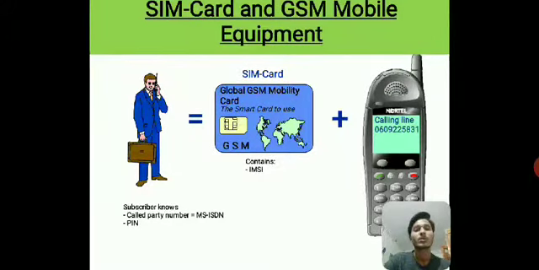The subscriber knows the called party number, MSISDN, PIN. The SIM card is shown in this figure. Global GSM mobility card, the smart card. This is the SIM card and GSM mobile equipment.